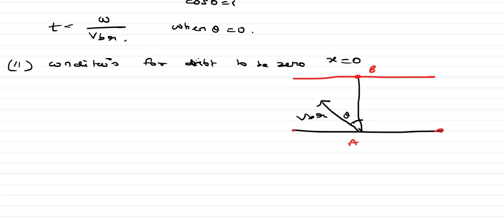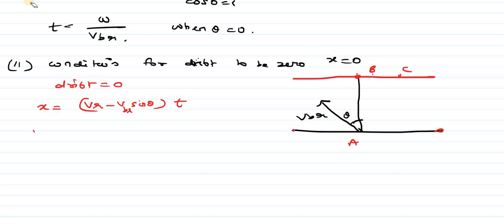Correct? Yes or no? So if I have to reach this, what is my drift? Drift has to be 0. In this case, BC, C is not there, no? C and B coincide. So that means drift is 0 means X equal to VR minus VBR sin theta into time.